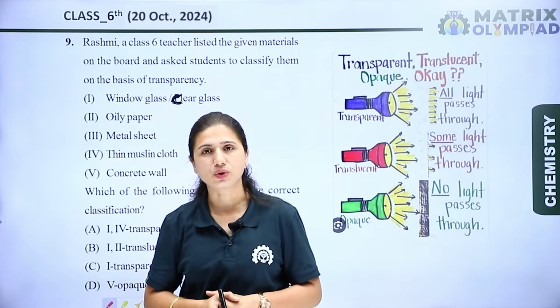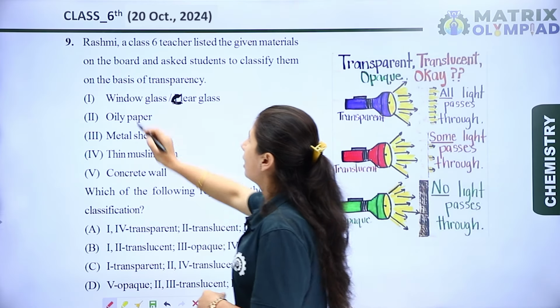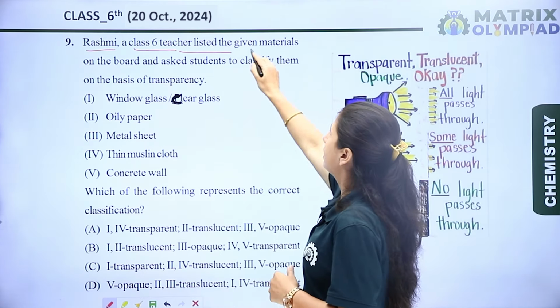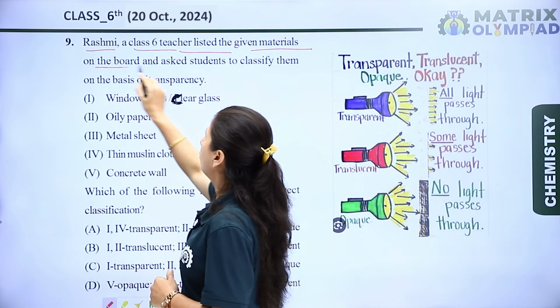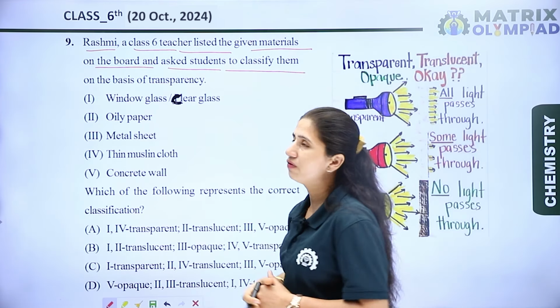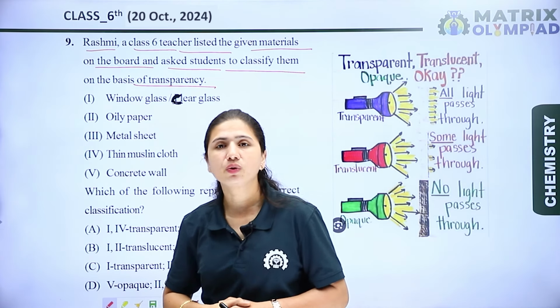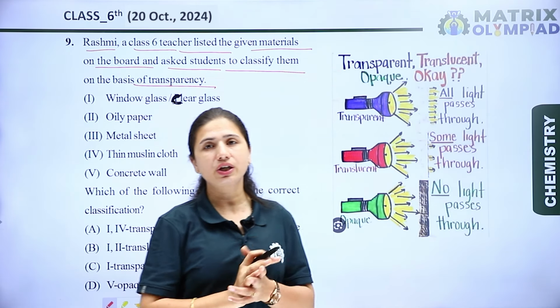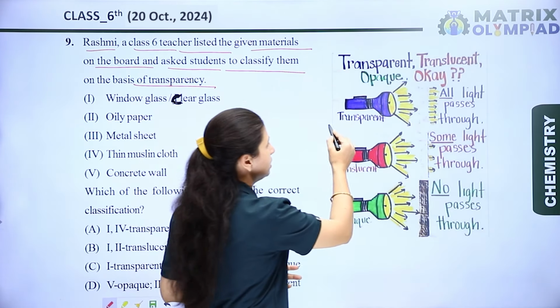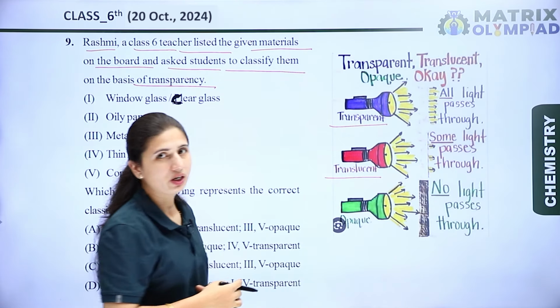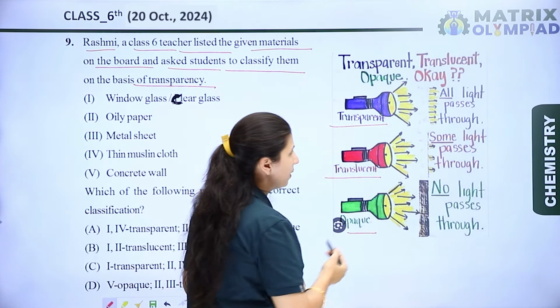Now let's see the next question. Rashmi, a class 6th teacher, listed the given materials on the board and asked the students to classify them on the basis of their transparency. We know that there are three types of substances. First is transparent substance, second is translucent substance, and third is opaque substance.